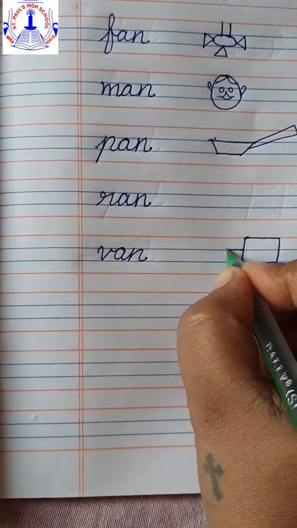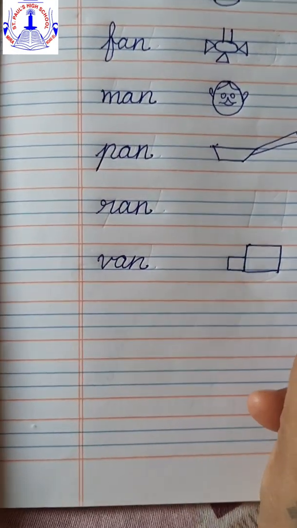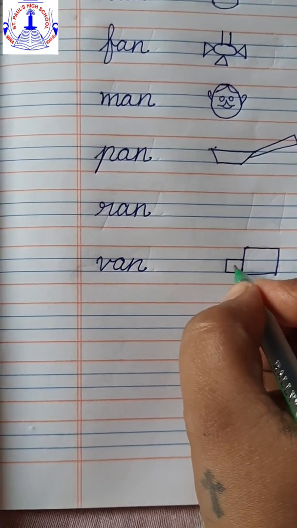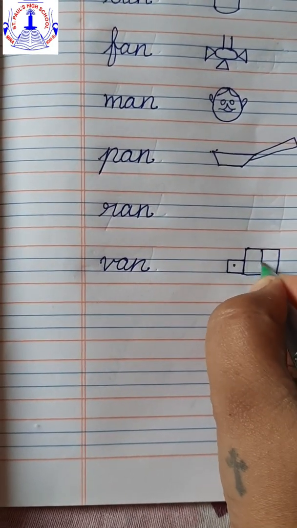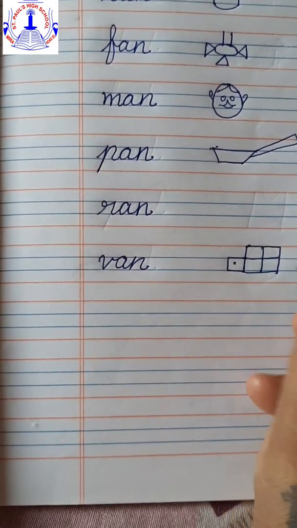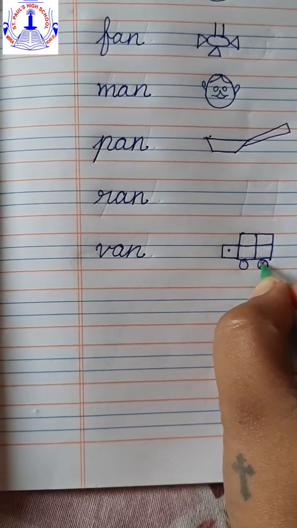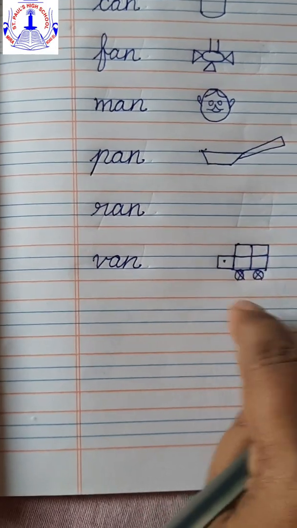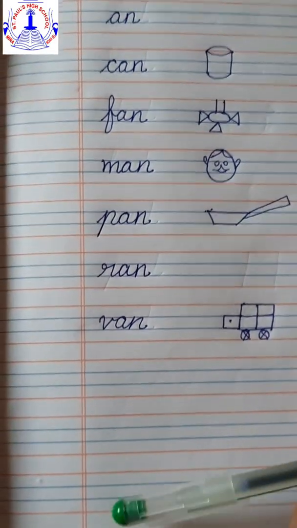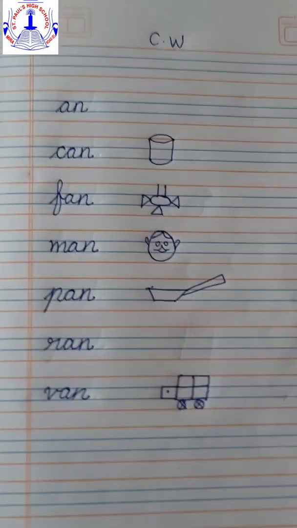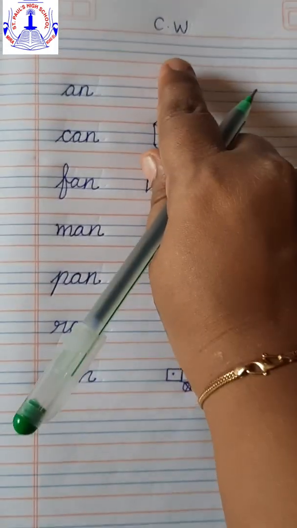Square, one small square in the front, keep one dot here, put a plus sign over here and two wheels. VAN, van.